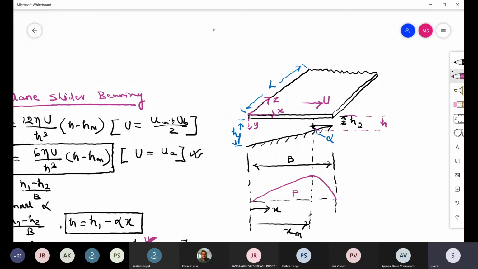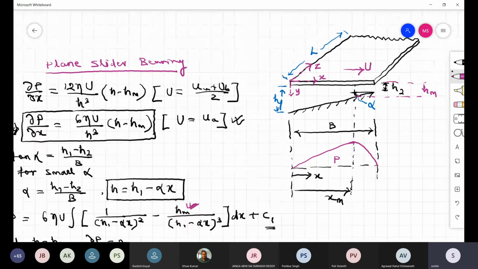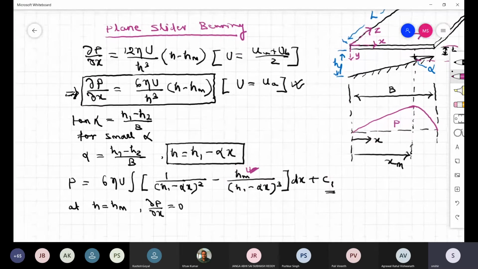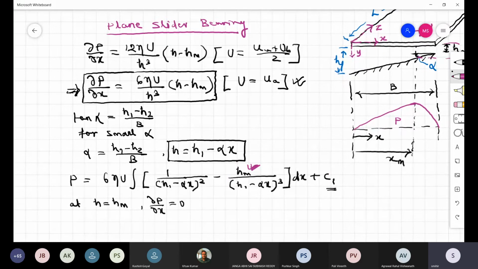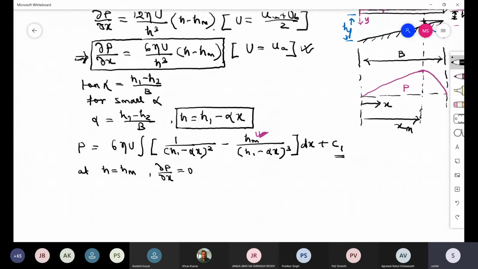So we are imagining a gap hm where del p upon del x equal to 0. That was our starting point of the derivation. So now you have to evaluate this hm, which is also not known. It is a constant, and c1 is also not known.